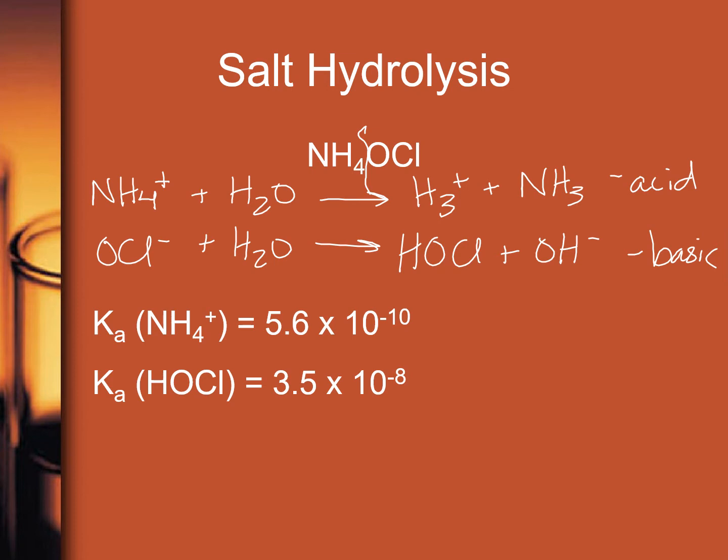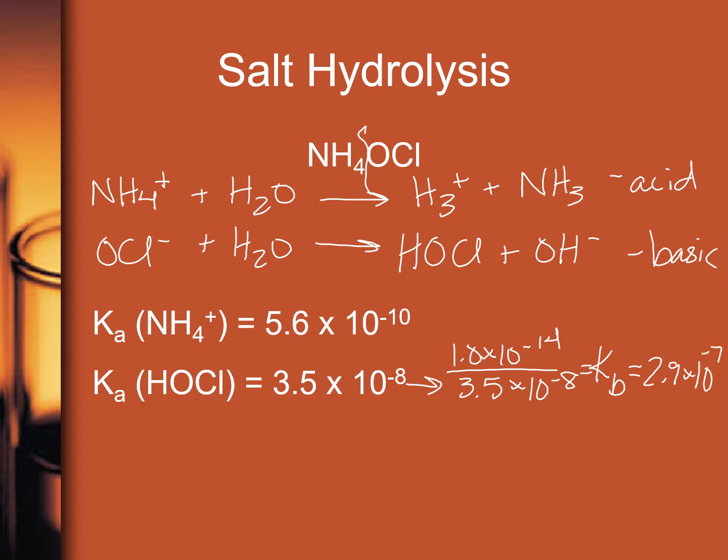So what we can do to change this into Kb is we can do 1.0 times 10 to the negative 14th, that Kw, divided by Ka, 3.5 times 10 to the negative 8th, and we get our Kb value, which is equal to 2.9 times 10 to the negative 7th.